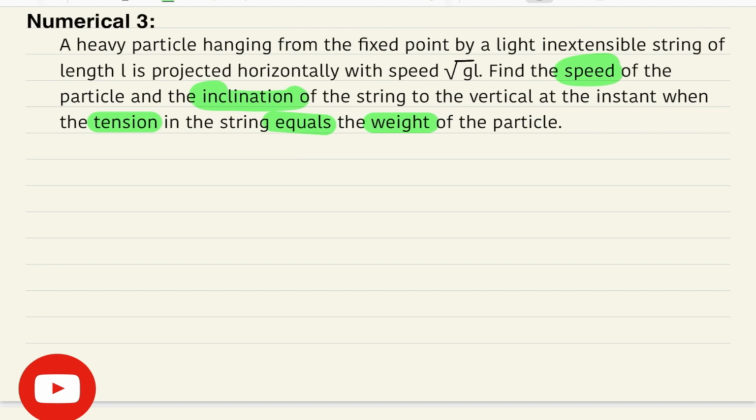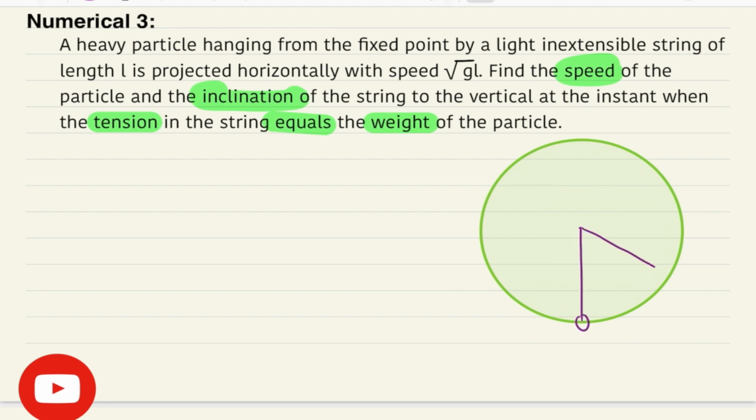So what's the situation here? The situation says that we have a vertical circle, and let's say this is the center, this is the particle, and at some instant the particle is somewhere here and it's making an angle theta. The initial speed supplied is equal to root gL in this direction.